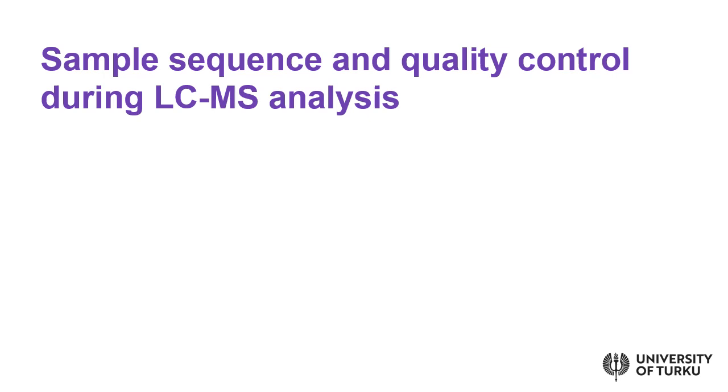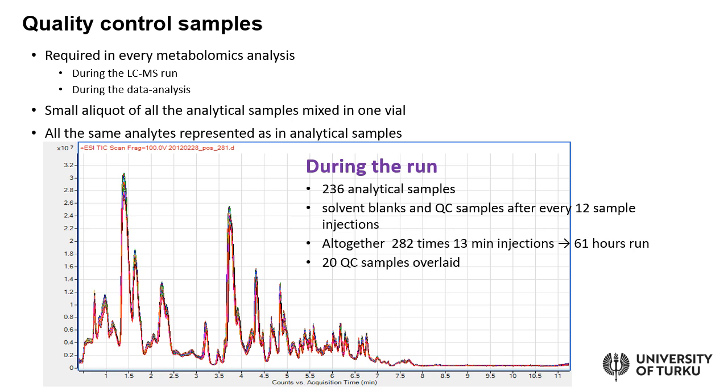Then we can still look a little bit at sample sequence and quality control issues during LC-MS analysis. These are very essential, for the reason that I already mentioned, that typically in metabolomics analysis our sample sequences can be very large.